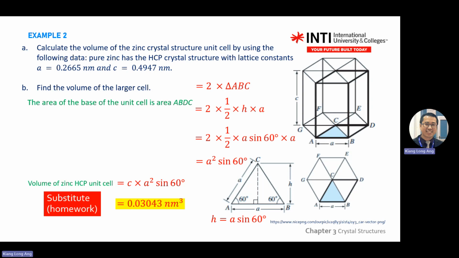This is the HCP volume of the black color one, the black color unit cell. Because A here calculates the black color area. You multiply by the C, you get this black color volume.